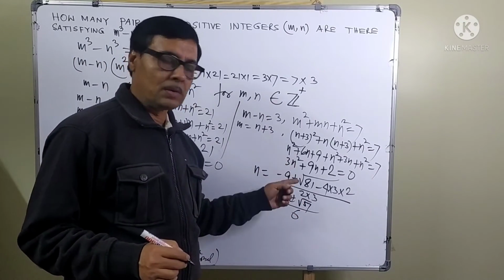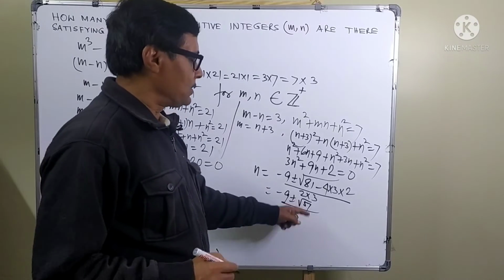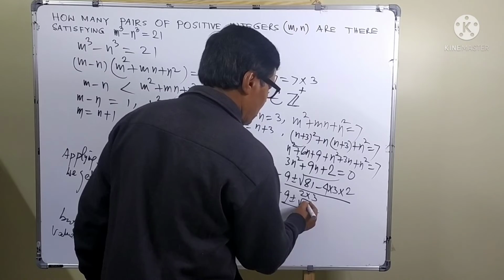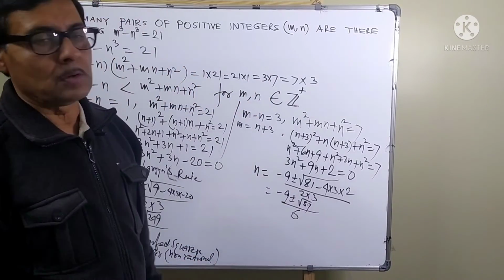This is also non-integer, that is non-rational, because 57 is not a perfect square.